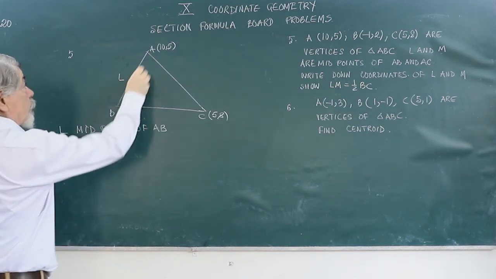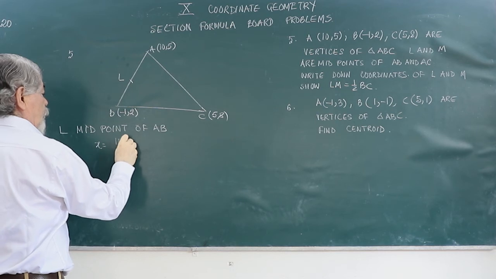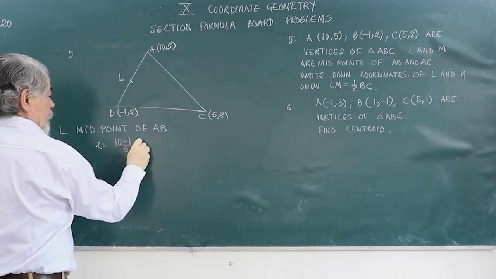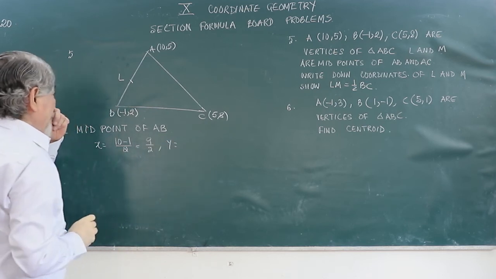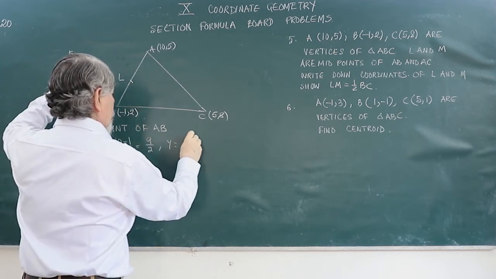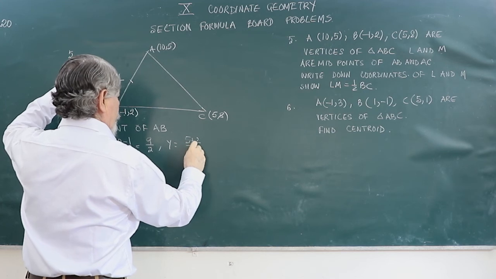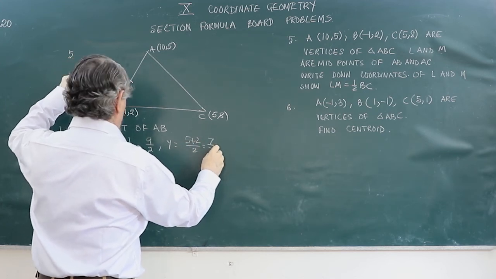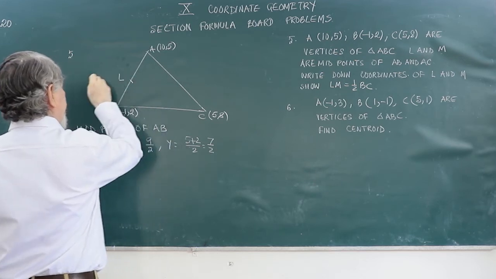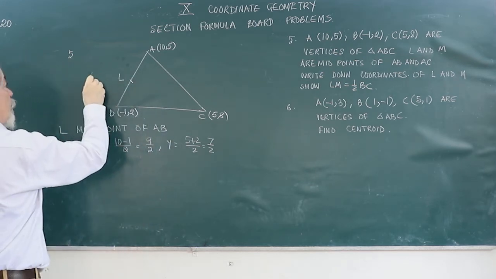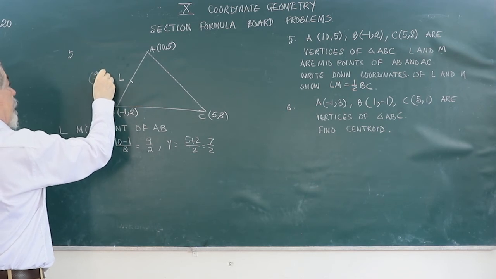X is equal to (10 minus 1) upon 2, that is 9 upon 2. And y will be, you add up the y coordinates, 5 plus 2, 7 upon 2. So the coordinates of L come out to be (9/2, 7/2).